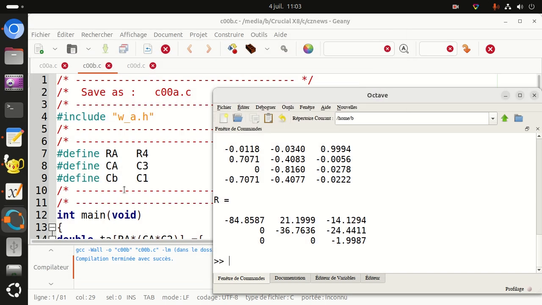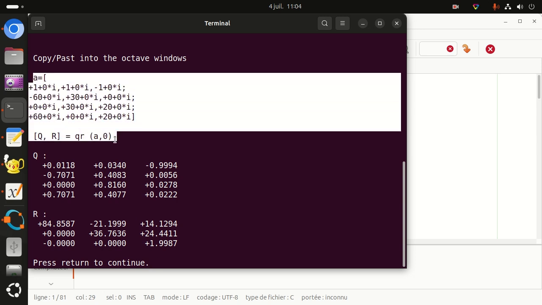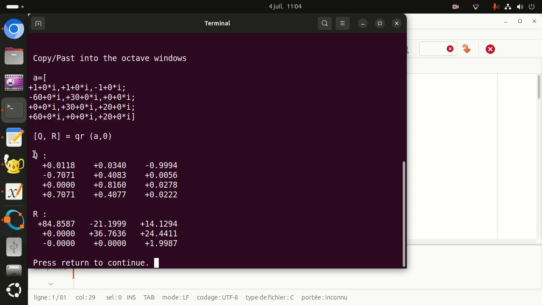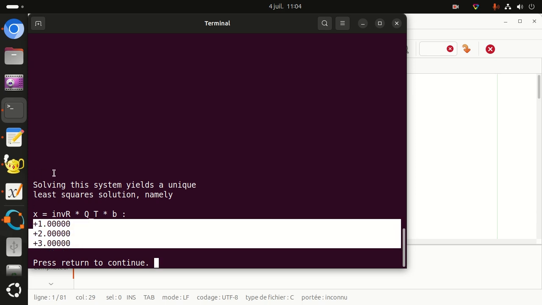You can see in this example I have not added a column of 0 with QR factorization. It is not a good idea to add a column of 0, and you have the same result 1, 2, 3.